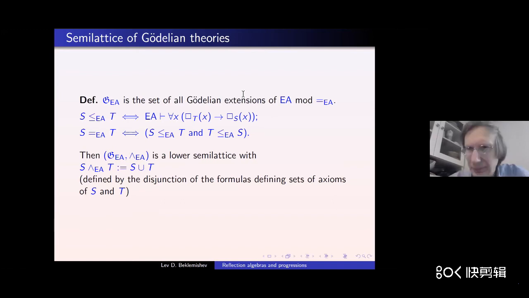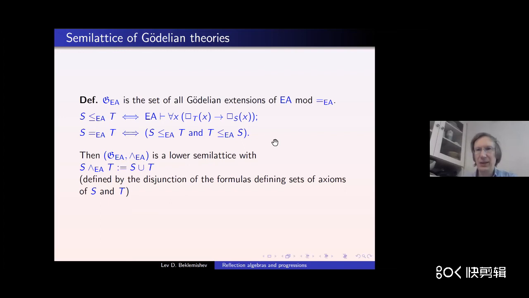Consider some minimal theory like elementary arithmetic, which I introduced earlier. By dealing with progressions, we construct certain hierarchies of systems, extending a given system. So where do all these objects live?